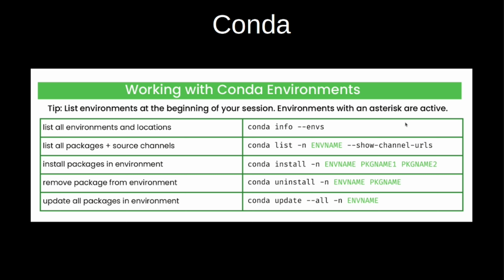So now we're gonna learn how to list all environments and their locations with conda info --envs. If you remember, we've already tested conda info for the Anaconda installation as a whole. Now we'll test for the particular existing environments. And for that, we just have to use the --envs parameter.